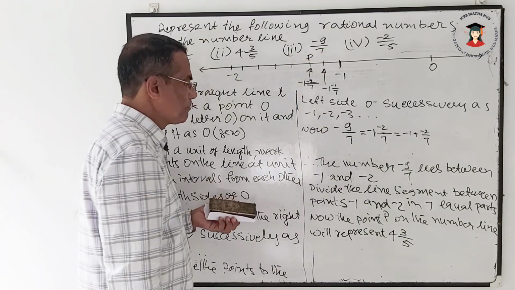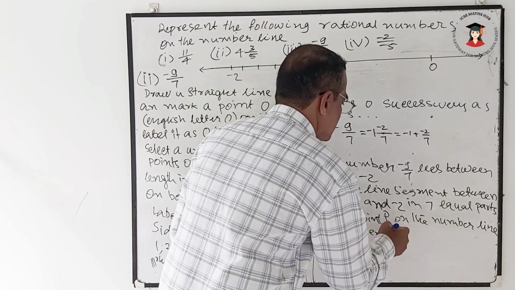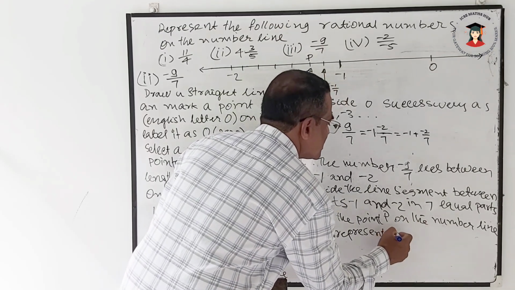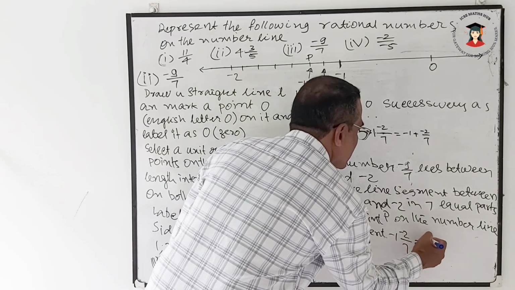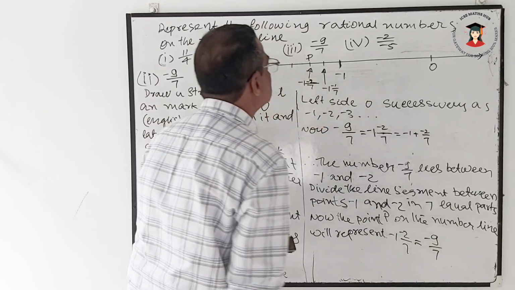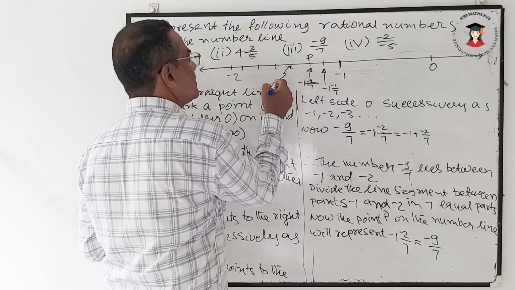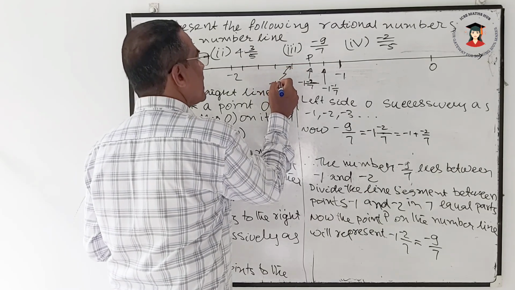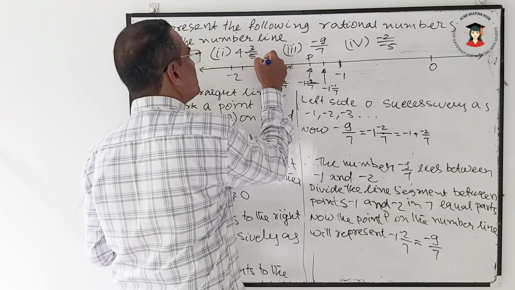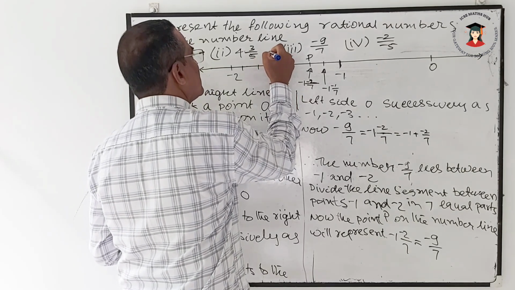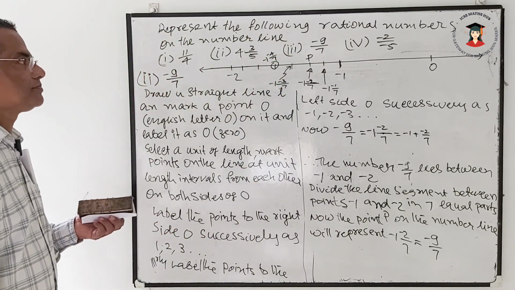Mark it as P. Now the point P on the number line will represent minus 1 minus 2 by 7, which is equal to minus 9 by 7. What will be this point? This point will be minus 1 and minus 3 by 7. This point will be equal to minus 1 minus 4 by 7 and so on. It will go like that.